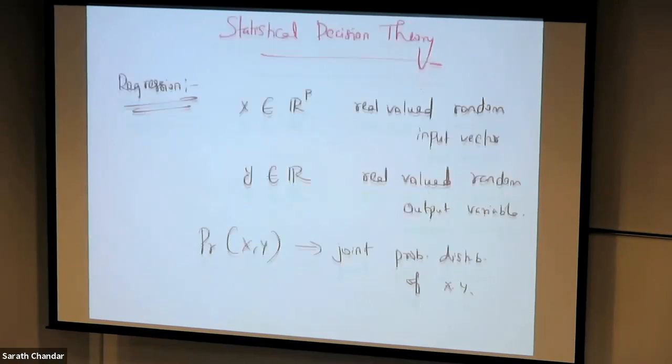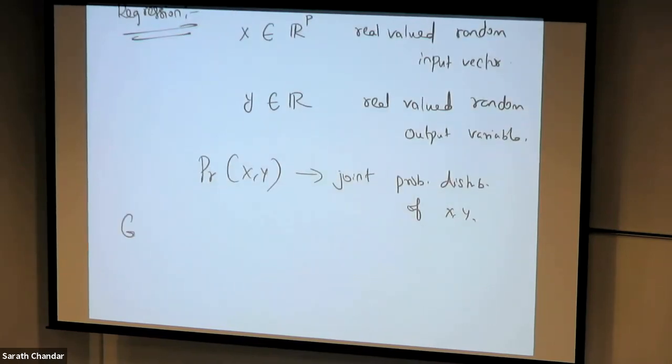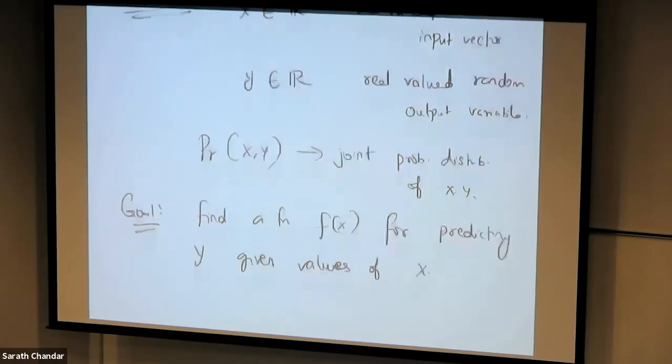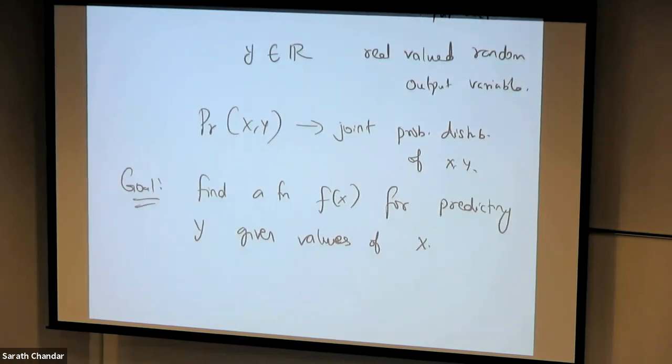Now if you remember, our goal in regression is to find a function f of x for predicting y given values of x. To find this function, we always had some loss function. So far, we have seen only one loss function, and we are going to see many more in the future.